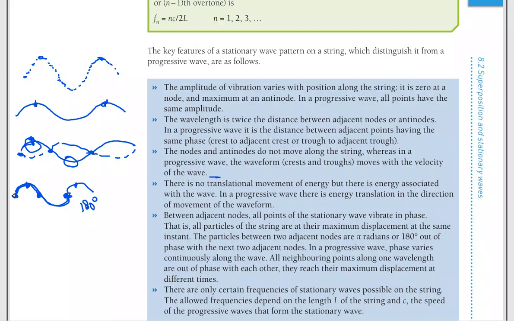There is no translational movement of energy in a stationary wave; the energy is kept at that place. No energy transfer, but in a progressive wave the energy transfers.